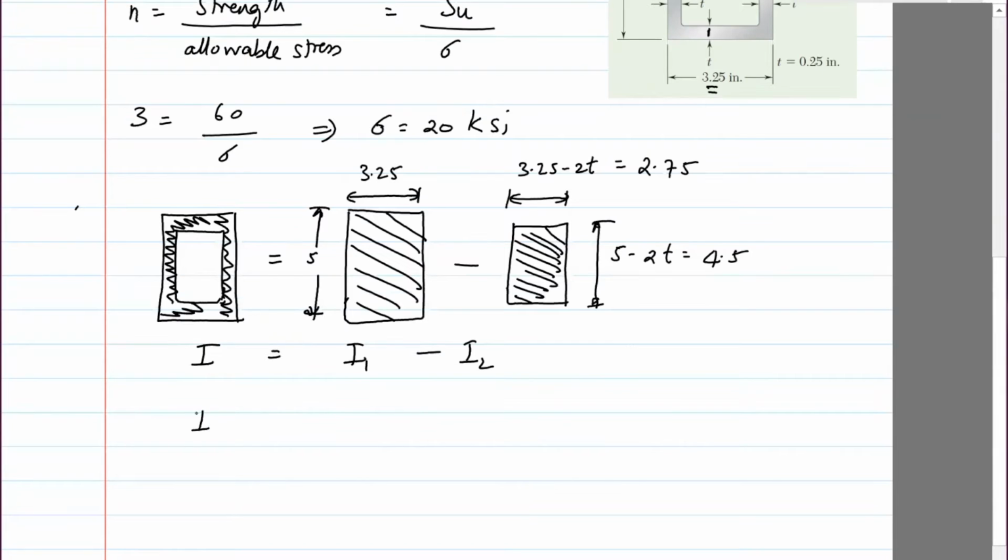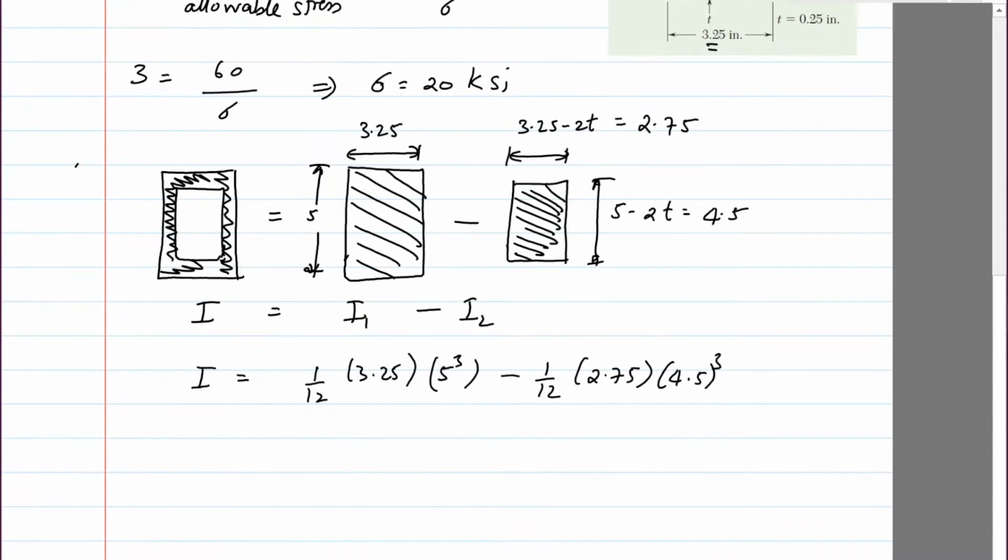So the inertia is 1/12, again the same formula for a rectangle. It's basically the width times the height cubed. So width is 3.25, height is 5, so cube of that, and then minus 1/12 the width, which is 2.75, and the height is 4.5 cubed.